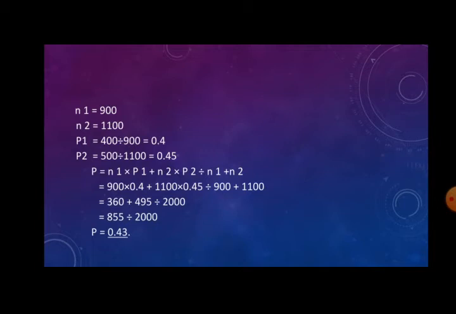Here N1 is 900 into P1 is 0.4, plus N2 is 1100 into P2 is 0.45, divided by N1 is 900 plus N2 is 1100. 900 into 0.4 will come up to 360, plus 1100 into 0.45 will come up to 495, divided by 900 plus 1100, which is 2000. 360 plus 495 is 855 divided by 2000. So the total P value will be 0.43.